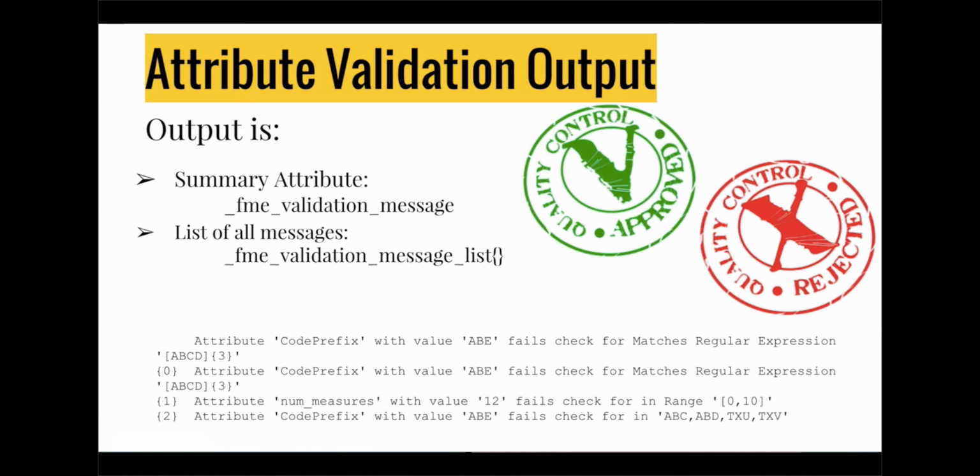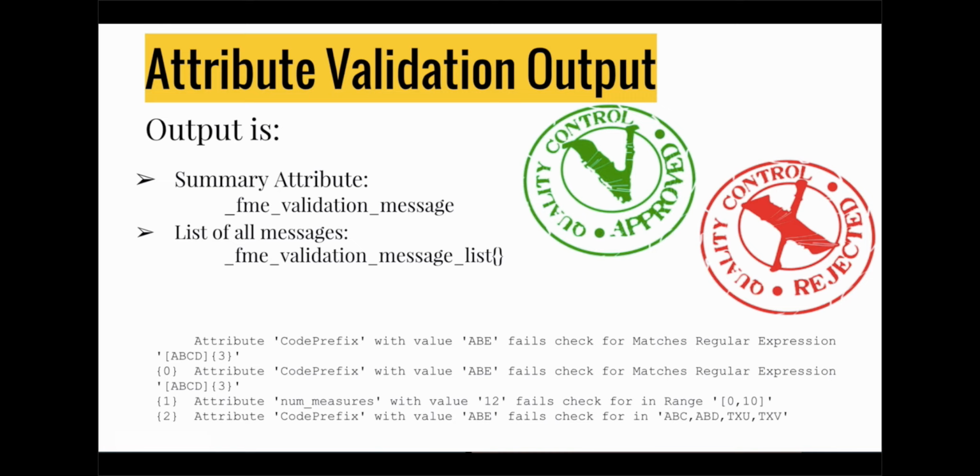Once you've done the data validation, the key thing is to be able to report it out. The way that FME reports out the validation is with a couple of attributes that are added to every feature if they fail a validation test. There's a summary attribute, which is really just the first validation message.